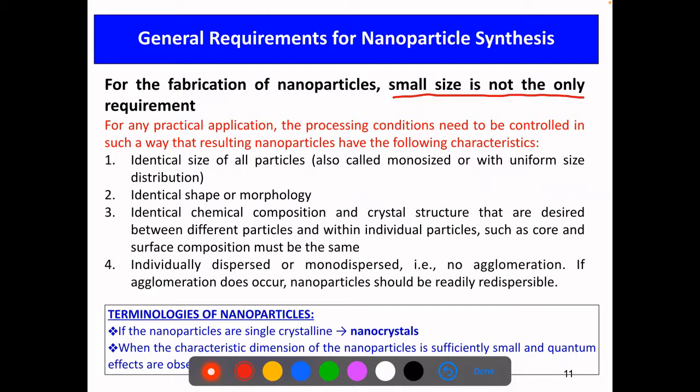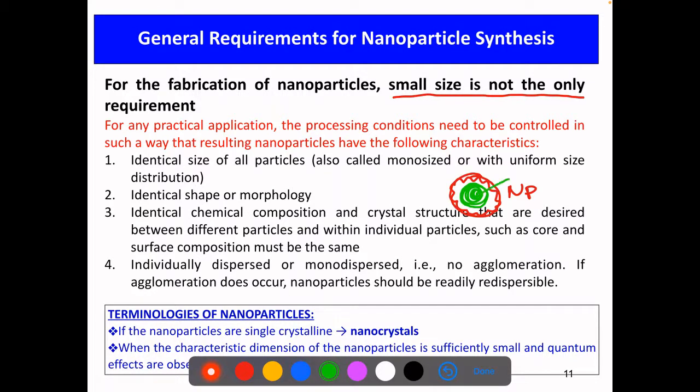And the third one is the identical composition and crystal structure that are desired between different particles and within individual particles, such as core and surface composition must be the same. So let's say you have again something like this. This is your nanoparticle, okay? And let's say the surface structure is different than its core structure.